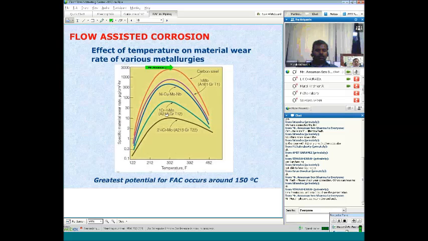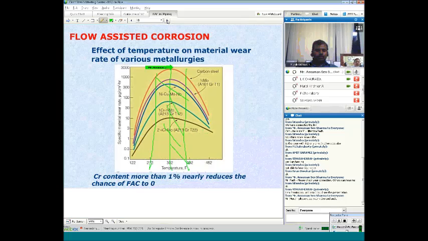This is the location where FAC is happening. Right? So between here and here is where the maximum FAC problem can occur.